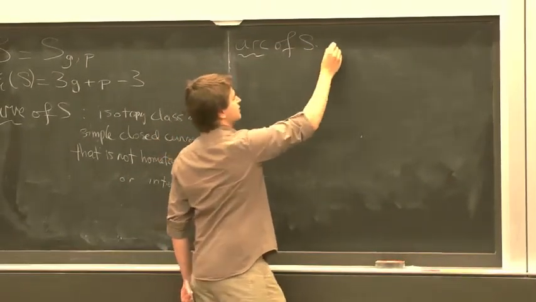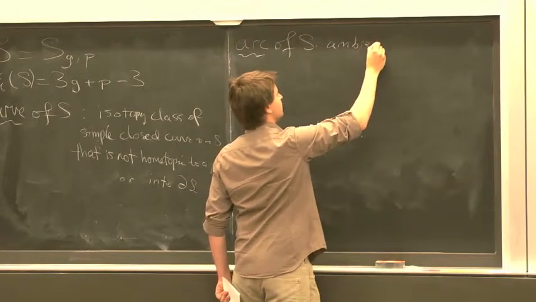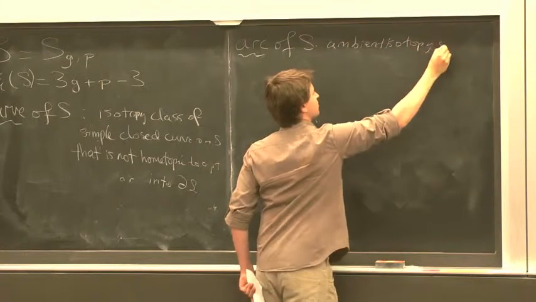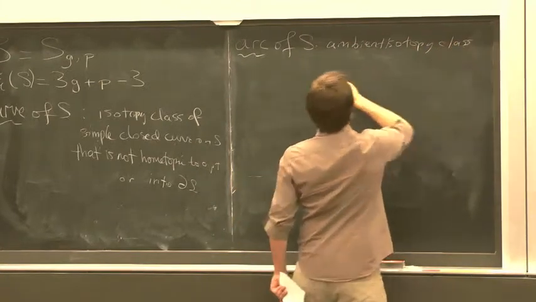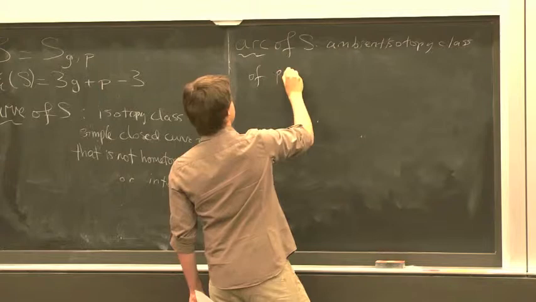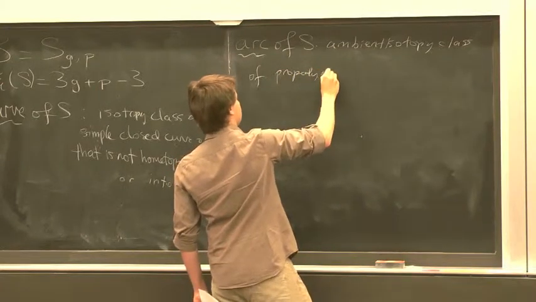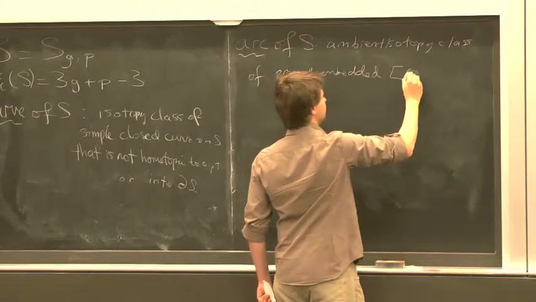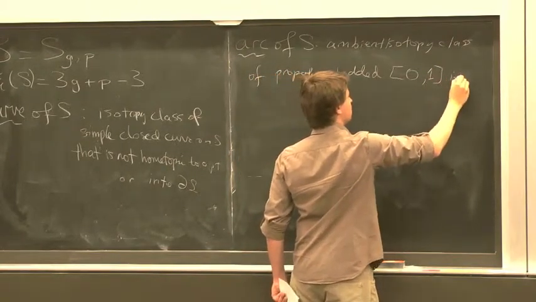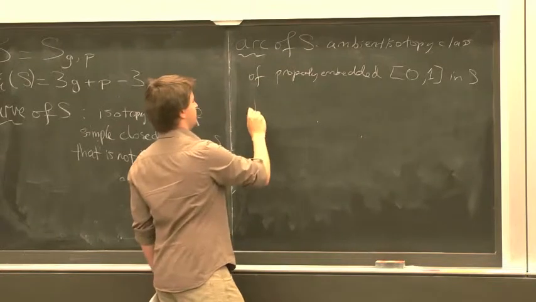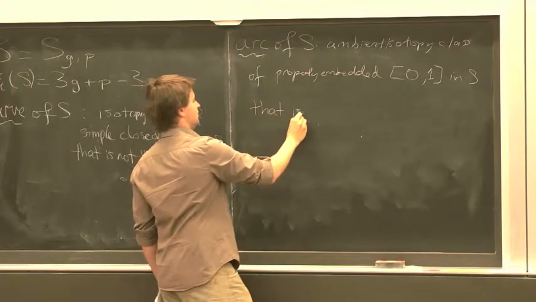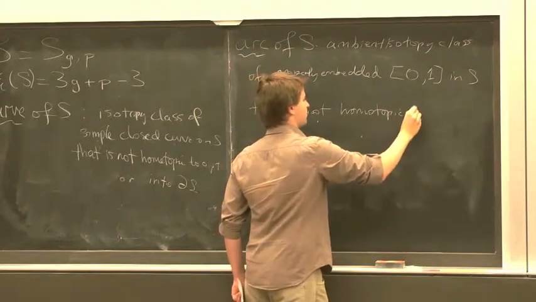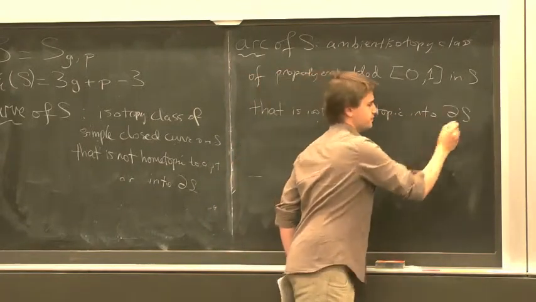An arc of S is an ambient isotopic class of properly embedded interval in S that is not homotopic into the boundary.